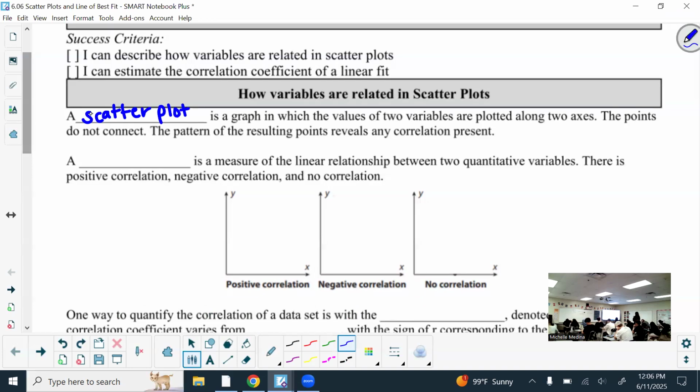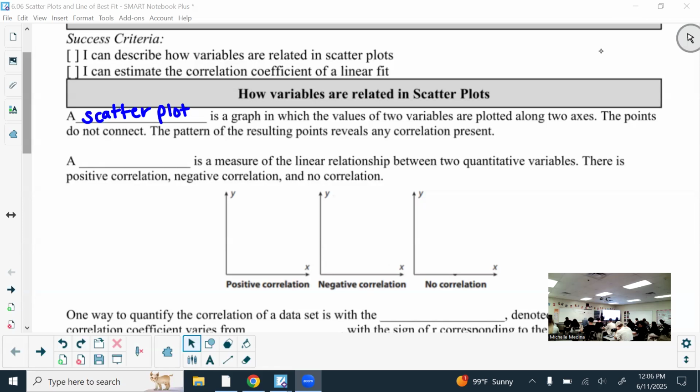The points do not connect. The pattern of the resulting points reveals any correlation present.